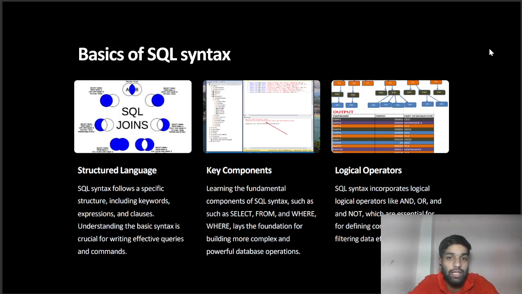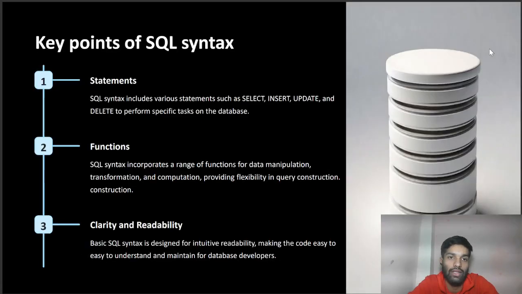So here are the two conditions. First, age should be greater than 20, and second, the salary should be less than 30,000. So here we will use the AND logical operator, and similarly we use OR and NOT according to the query. So these are the basics of SQL syntax.